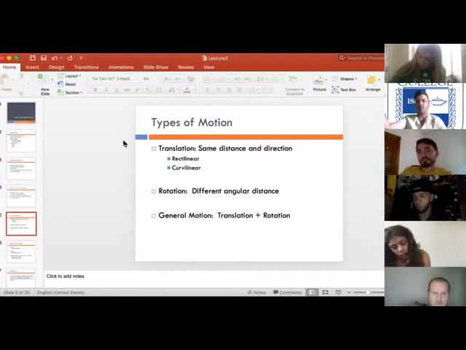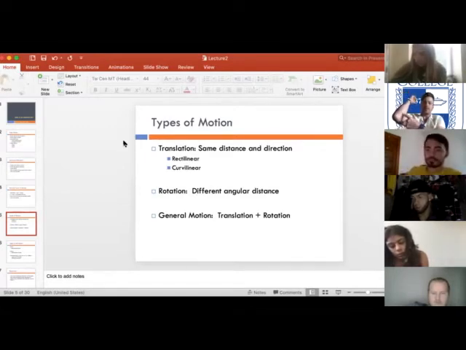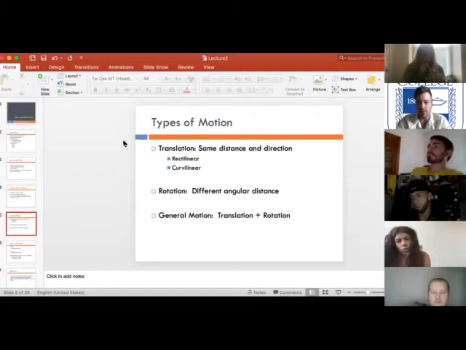So if I move my arm like this, my hand is curvilinear translating over a greater arc than, say, for instance, a point closer to the axis of rotation. All right, so the distance each point is traveling might be different, but the angular distance is the same. So that would be rotation.